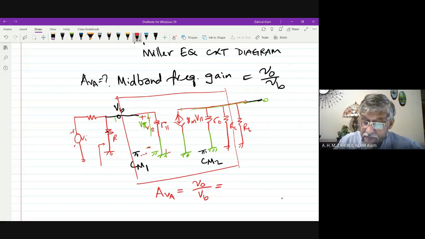So what is V naught? V naught is equal to, now they are connected in parallel. If they are connected in parallel, we can write RL prime is equal to R0, RC, and RL in parallel. So we can draw like this.